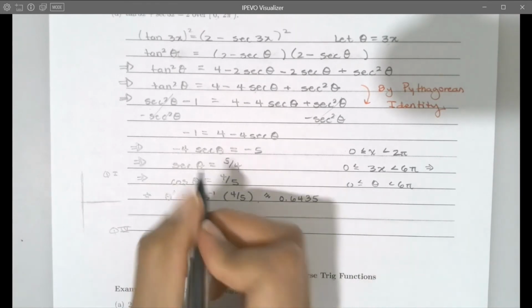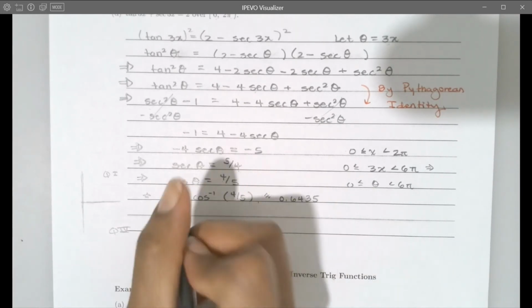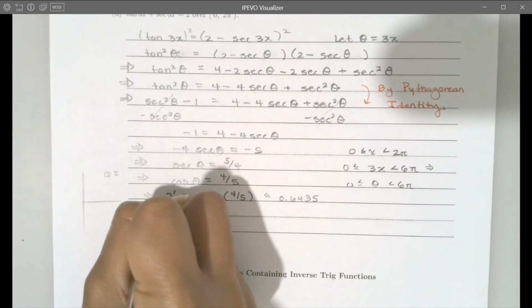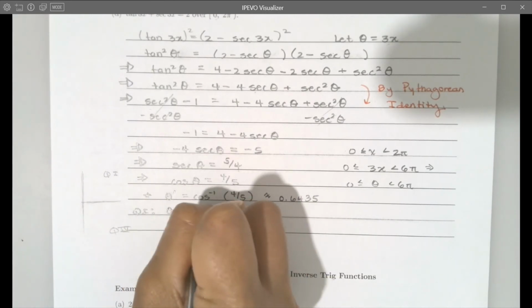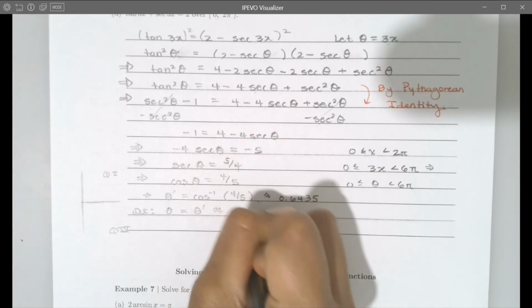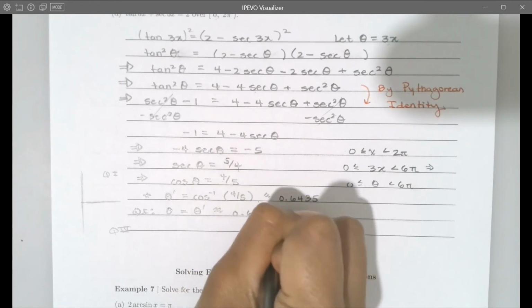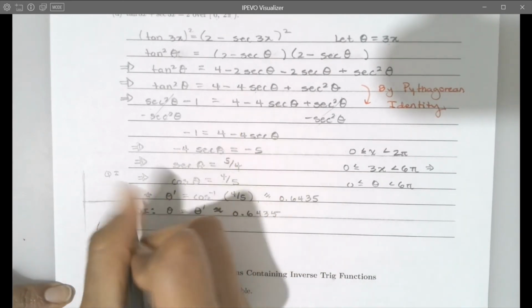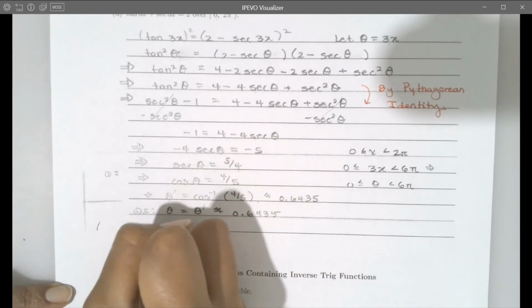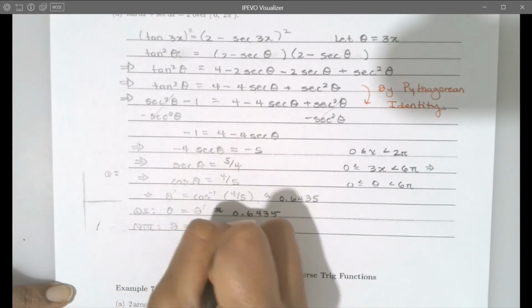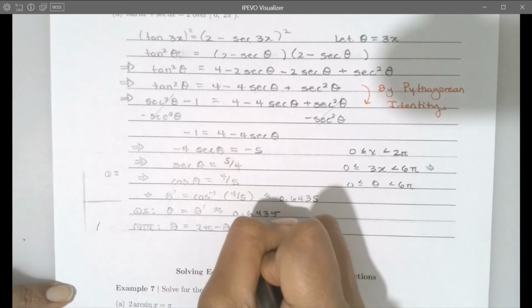So in quadrant number 1, the reference angle and the angle itself are the same. So this is for quadrant 1, which is approximately, we've already calculated here, 0.6435. In quadrant number 4, we calculate the true angle by taking 2 pi and subtracting away the reference angle.